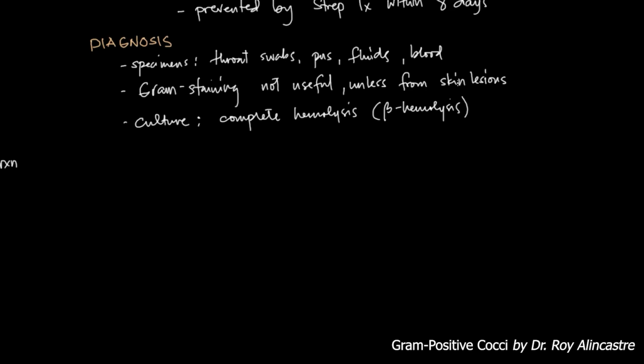In smaller laboratories, another way is demonstrating susceptibility or resistance to bacitracin. Okay, so bacitracin susceptibility predicts group A strep, but many commercial kits are already available for rapid detection of group A strep antigen, no?